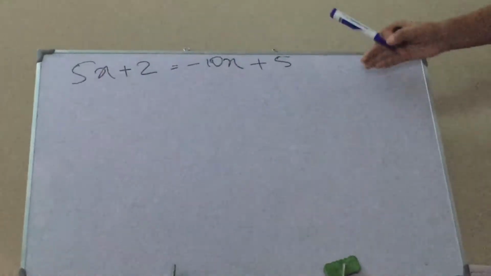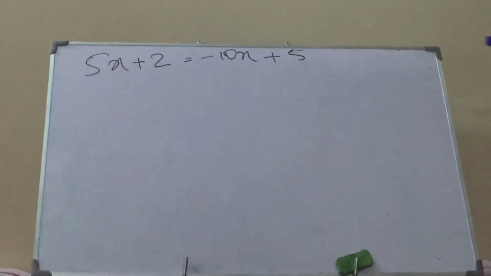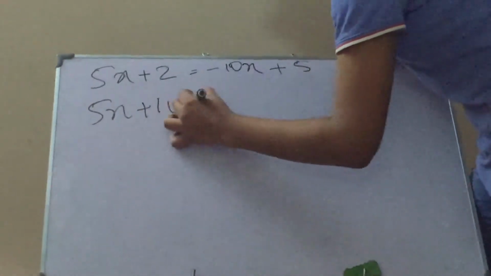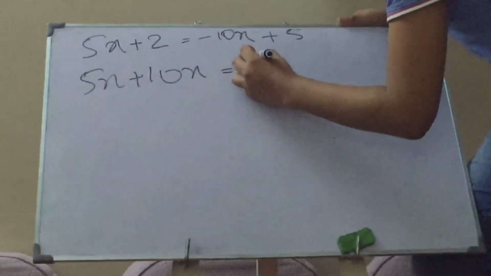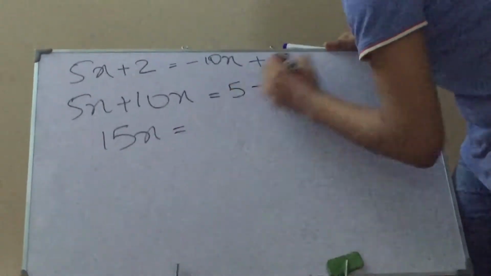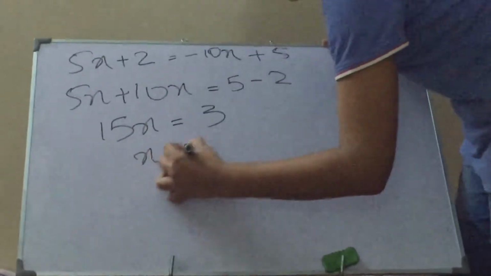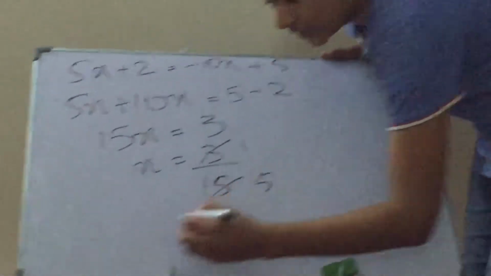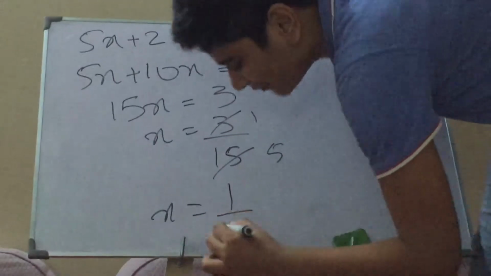So guys, what would be the answer of this question? So 5x plus 10x is equal to 5 minus 2. So 15x is equal to 3. x is equal to 3 upon 15. 3 1s are 3, 3 5s are 15. So x is equal to 1 upon 5.